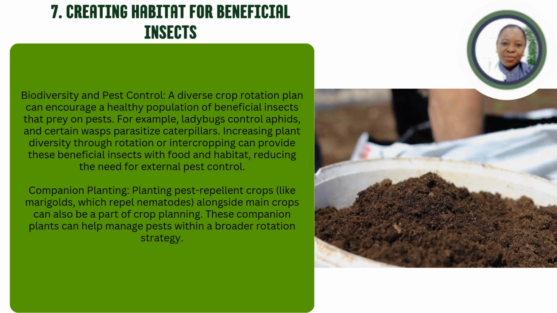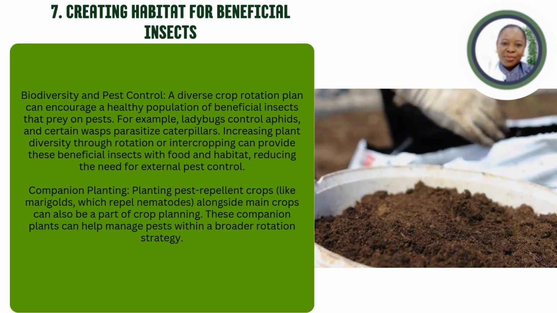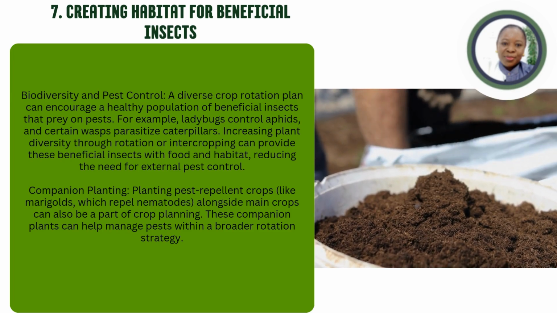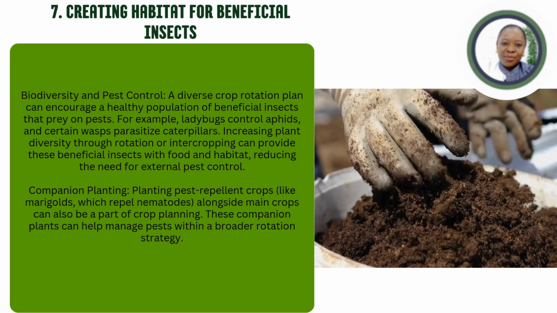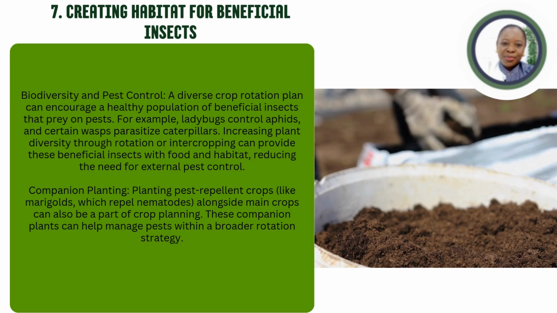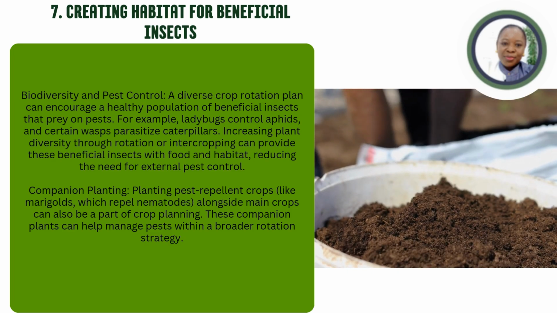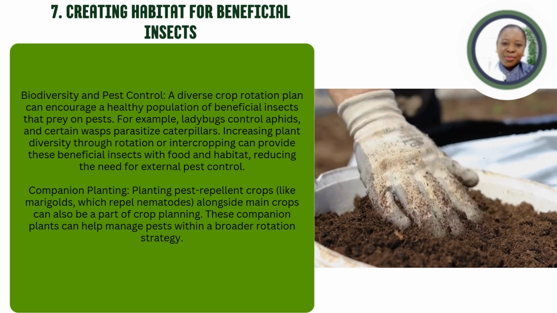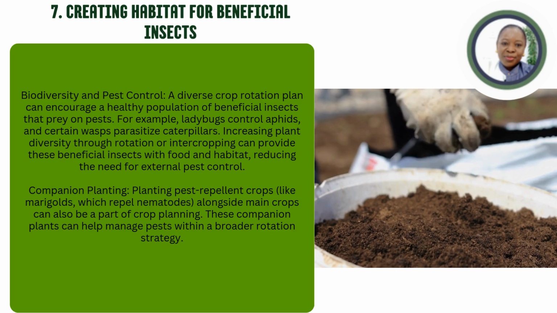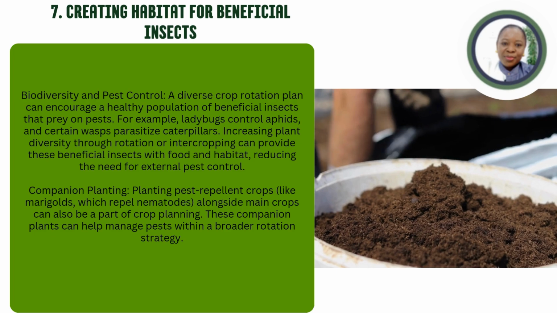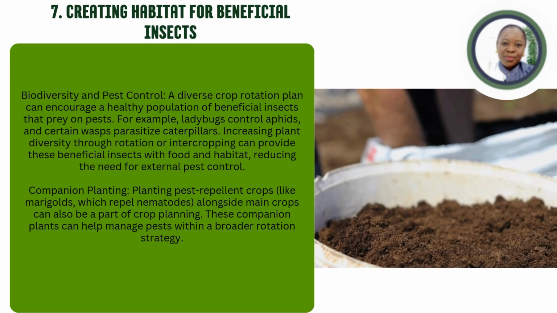A diverse crop rotation plan can encourage a healthy population of beneficial insects that prey on pests. For example, ladybugs control aphids and certain wasps parasitize caterpillars. Increasing plant diversity through rotation or intercropping can provide these beneficial insects with food and habitat, reducing the need for external pest control.